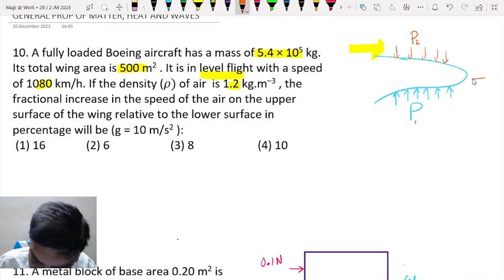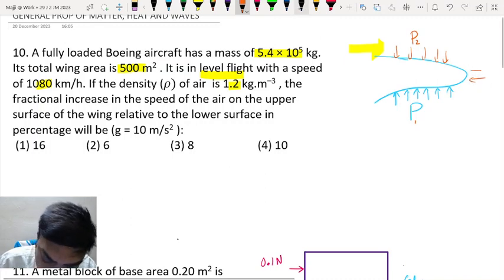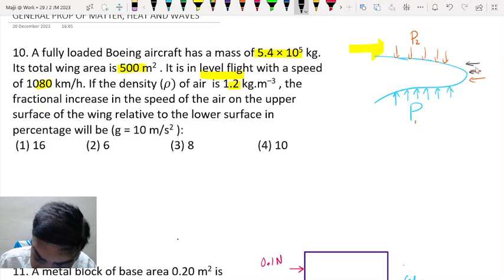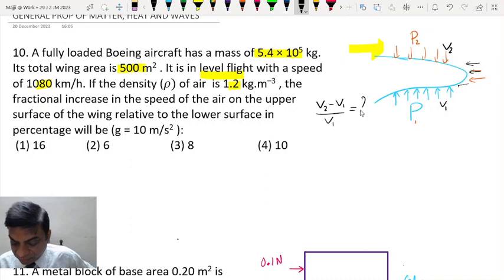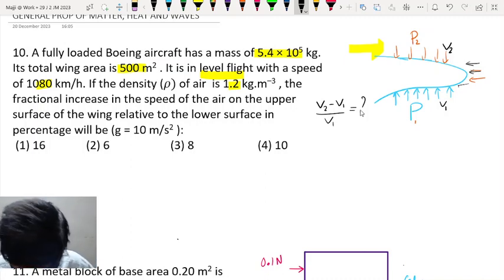So automatically, the air which is flowing in the opposite direction, here the velocity should be less and here the velocity should be more. So they are asking the fractional increase in speed on the upper surface related to the lower surface. This is what they are asking.